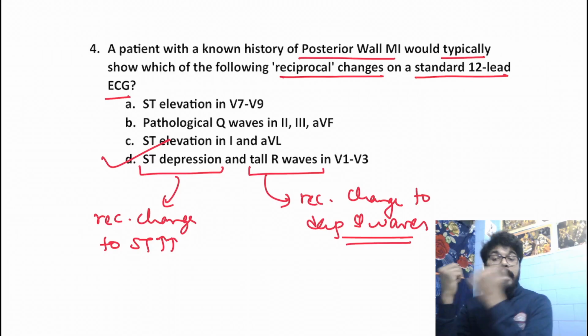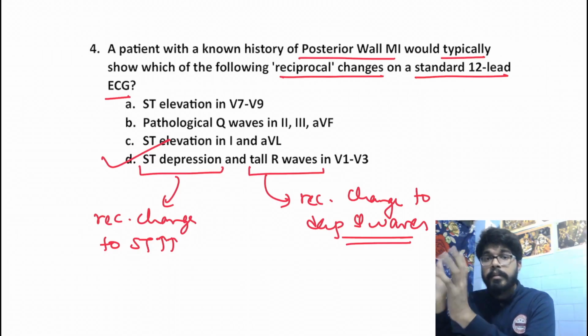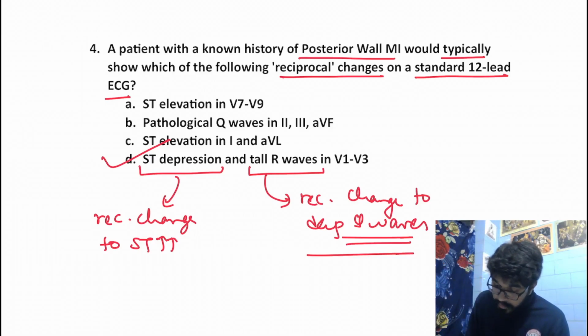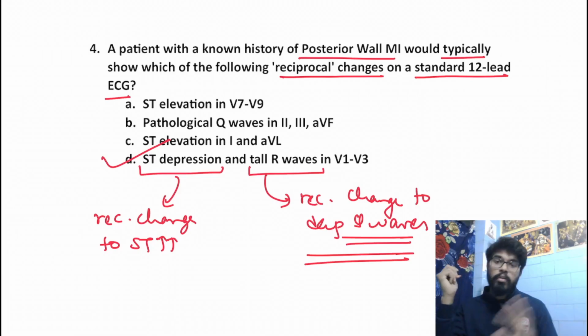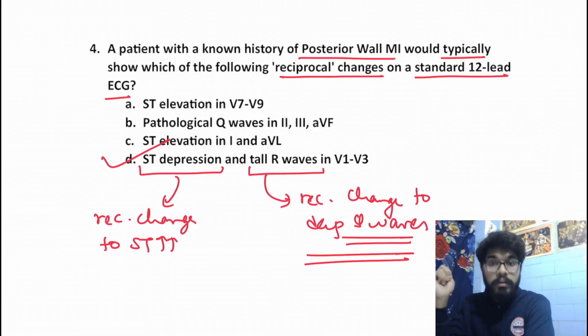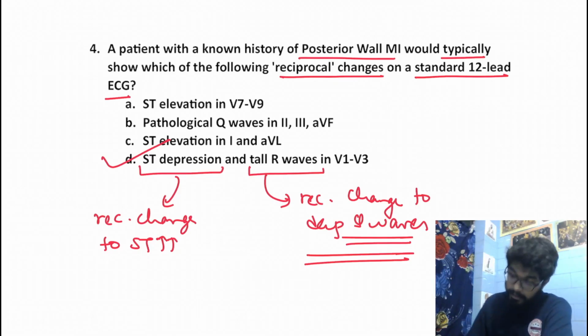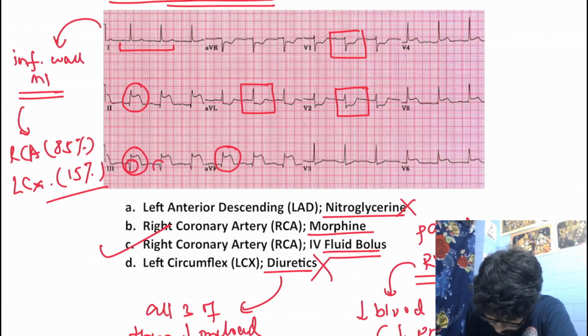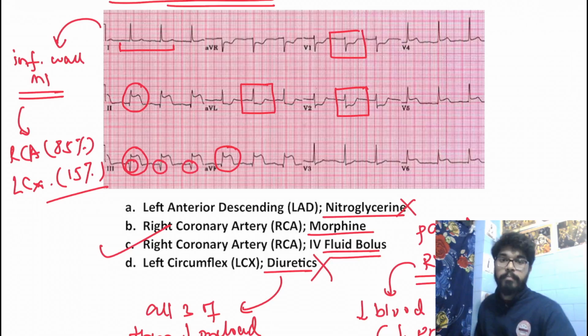Now remember that, as we know, ST segment elevation is a marker of myocardial infarction. Similarly, deep Q waves are also markers of myocardial infarction, although they are much less specific than ST segment elevation. Okay. If we look into the previous ECG, you can very well appreciate that we get deep Q waves over here, not depression of Q waves, deep Q waves.